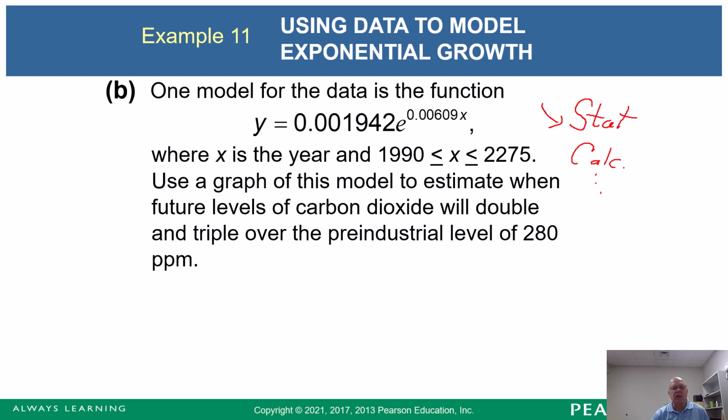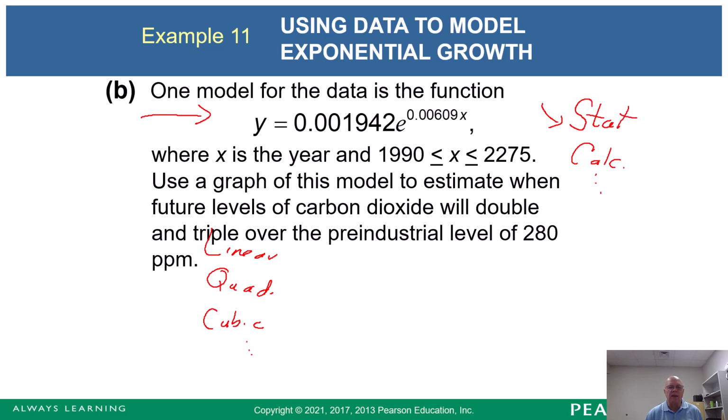Because you can actually make an exponential model, you can make a linear model, you can use a quadratic model, try a quadratic model, you can try a cubic model, and so on.